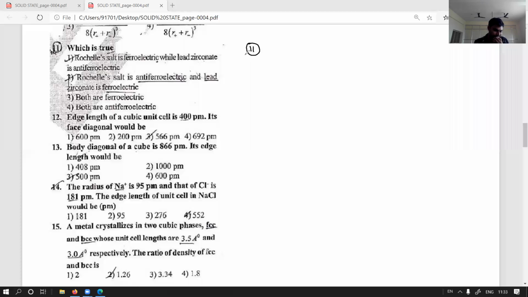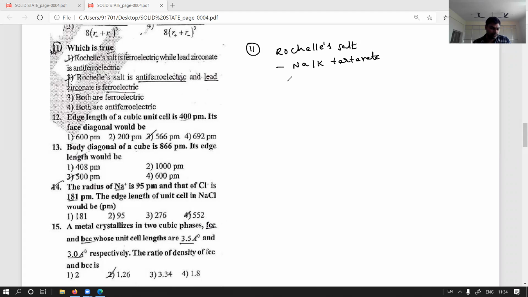This 11th question is a theoretical approach. Rochelle salt is nothing but sodium potassium tartrate. This sodium potassium tartrate is known as Rochelle salt.